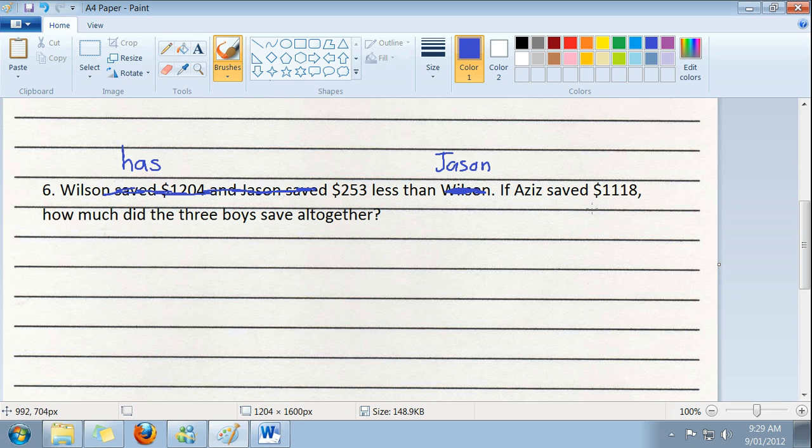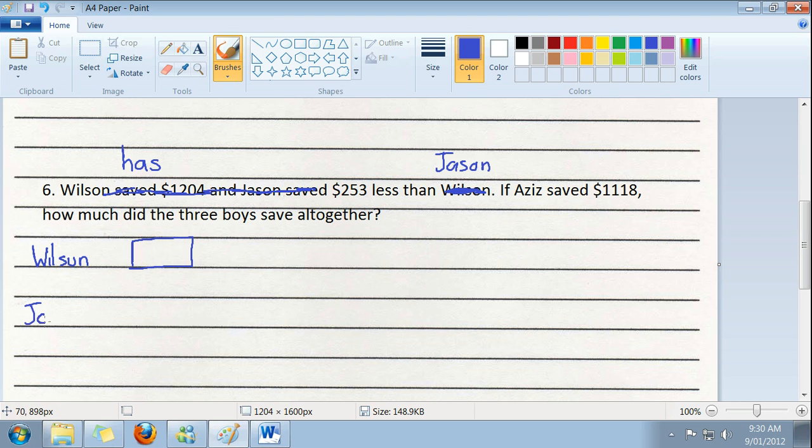If Aziz saved $1,118, how much did the three boys save altogether? Okay? Then we would have units. Because in the first problem, the problem gave us information on how much Wilson had, but because we don't know that, here we draw the bar.